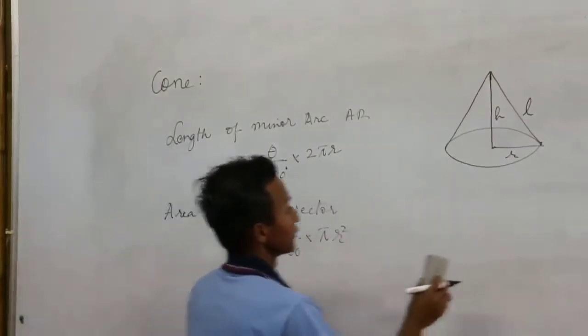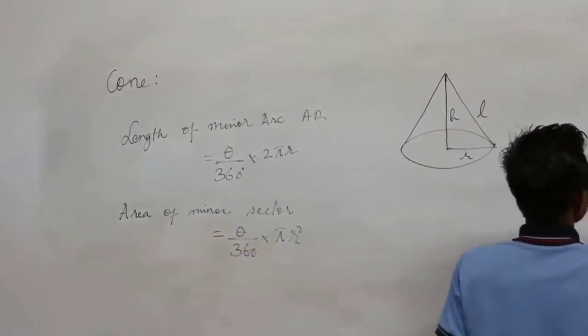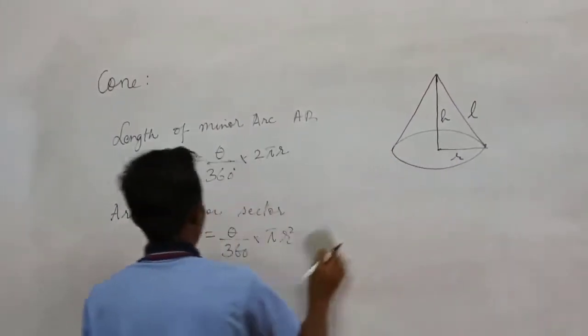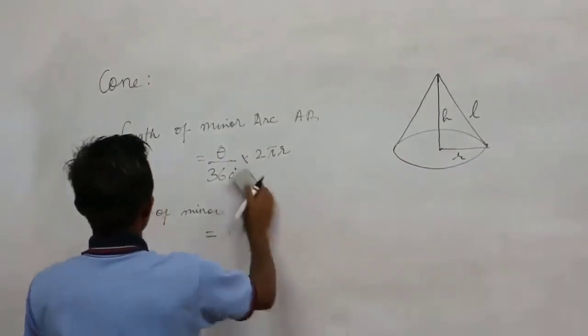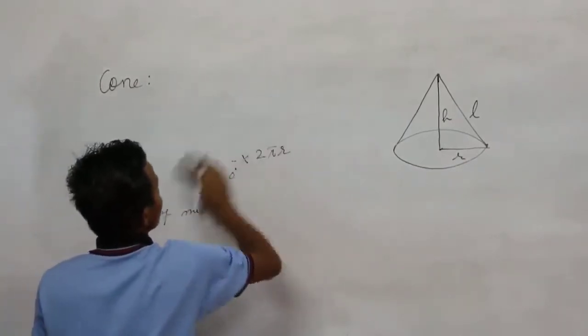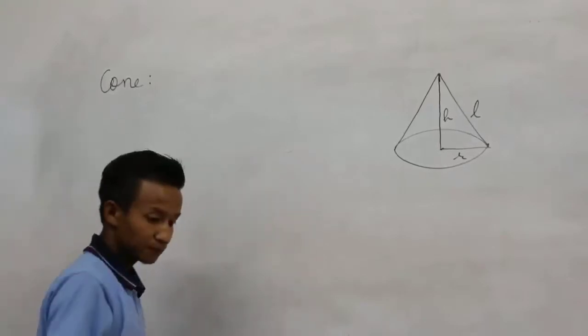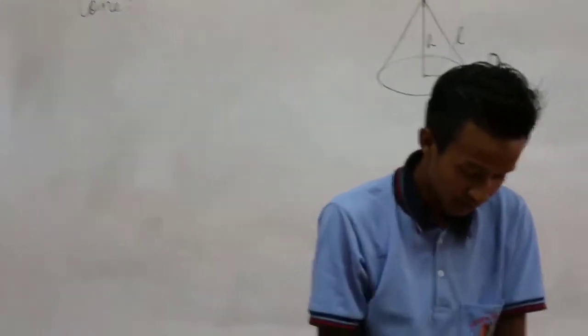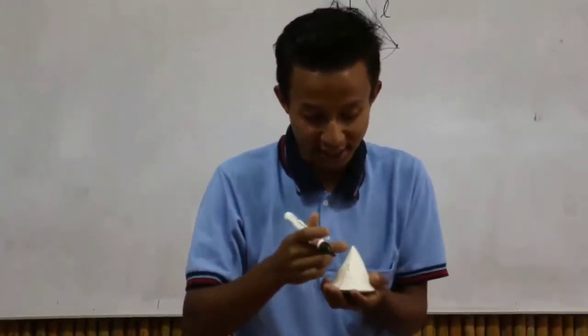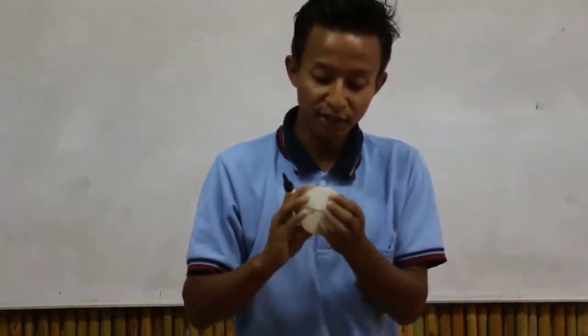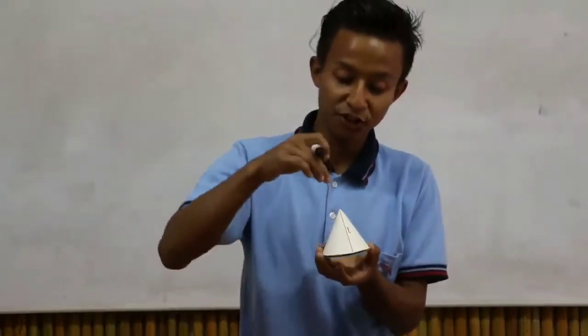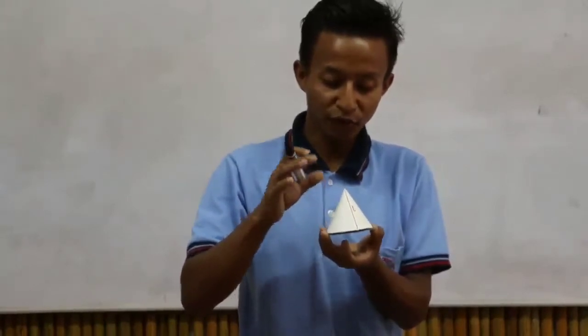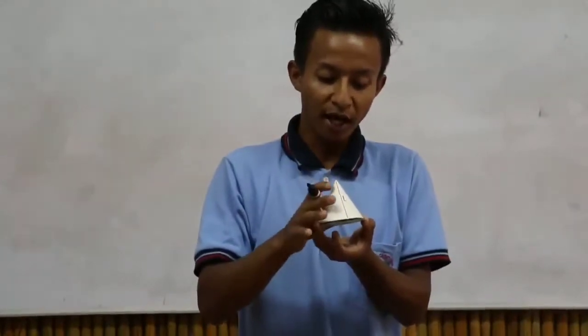So a cone is something like this, which has a slant height L and a radius R. So, which also has a height H. And to find the curved surface area of this cone, I'm going to take out first the circular base.